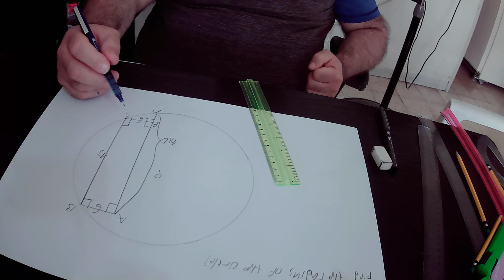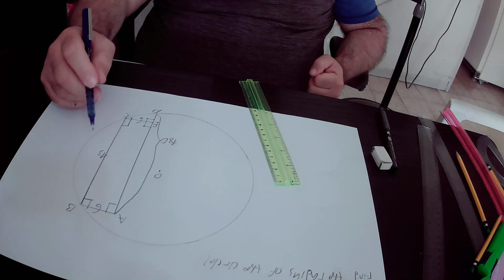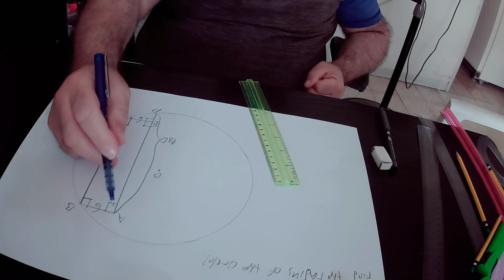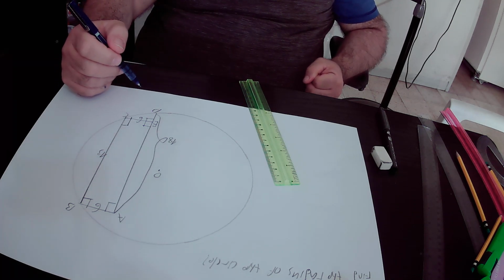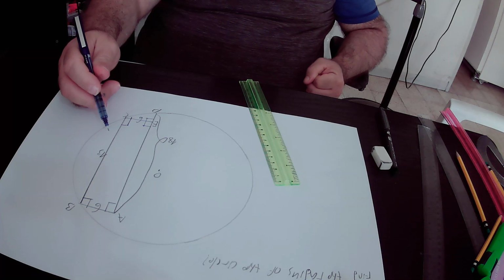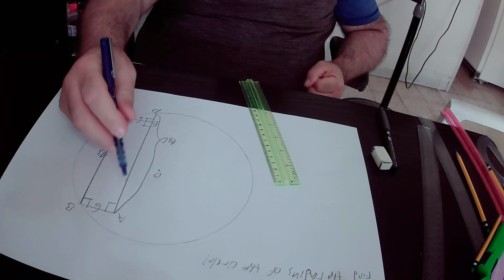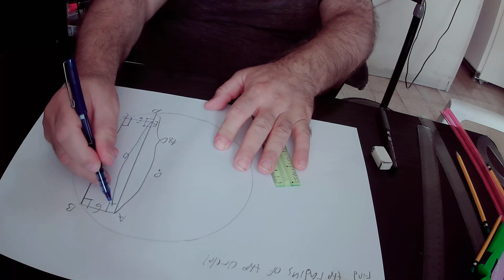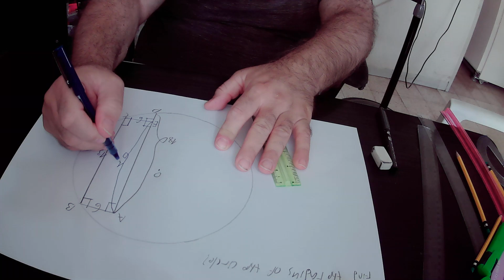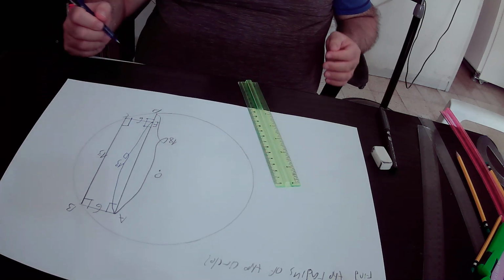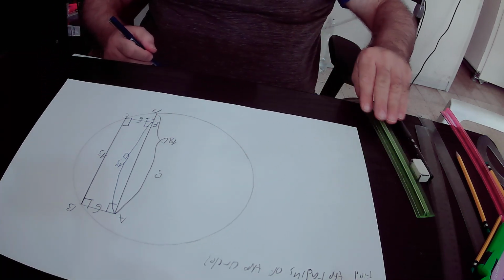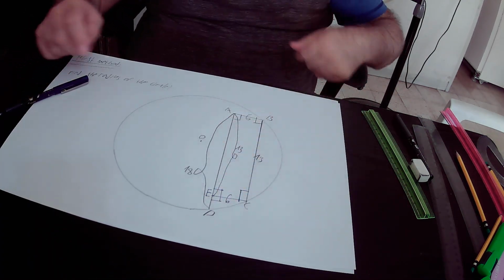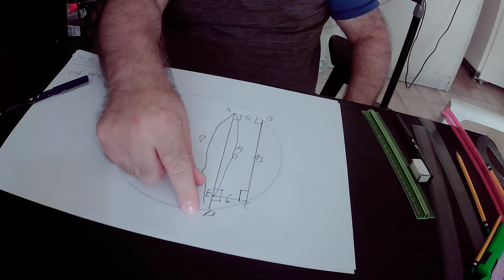Likewise, according to the same rule that the opposite sides of a rectangle are equal to each other, we will get that BC equals AE. But it is given that BC equals 13 units, therefore AE must also be equal to 13 units. Okay, what is the length of line segment ED?